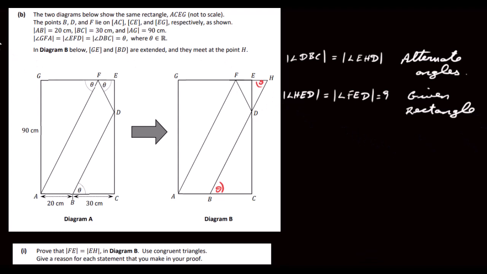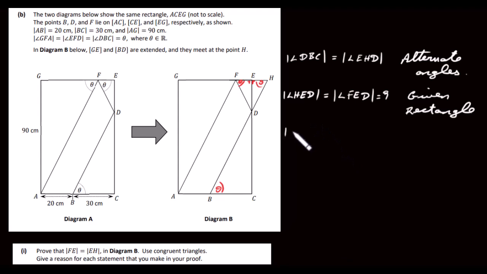Okay, so we have these two angles here. These two are right angles here. So we know also, by the way, that this angle here is theta. So if that's theta, then the third angle here in both triangles must be equal as well. So we've shown that the two triangles are similar anyway. So I'll just state that then.